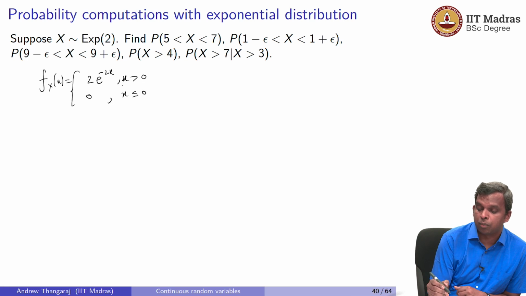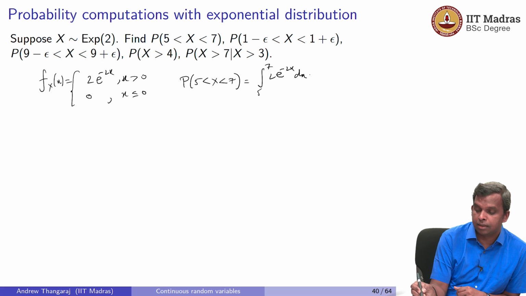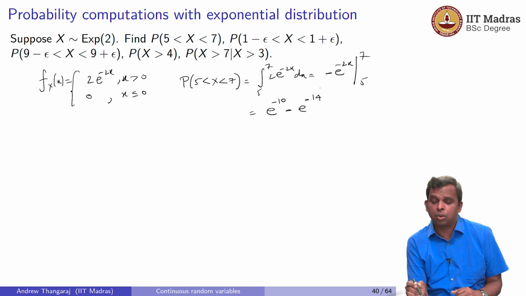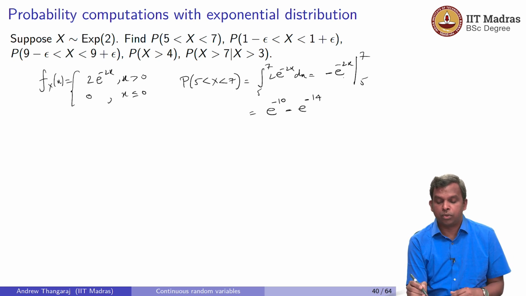If you want the probability of 5 less than x less than 7, it's the integral from 5 to 7 of 2 e power minus 2x dx, and this integral is minus e power minus 2x between 5 and 7. So it's e power minus 2 times 5, which is 10, minus e power minus 2 times 7, which is 14. There's a minus sign overall, so it gets flipped around: e power minus 10 minus e power minus 14.